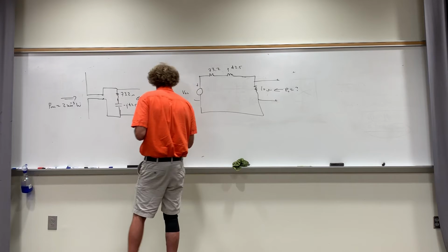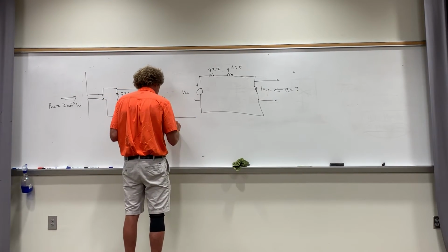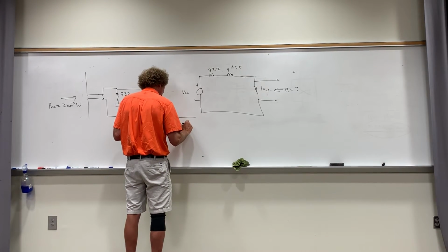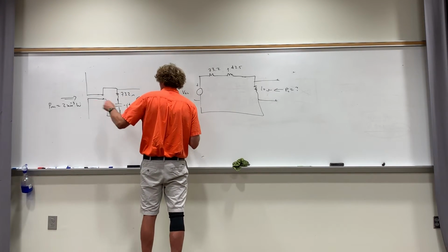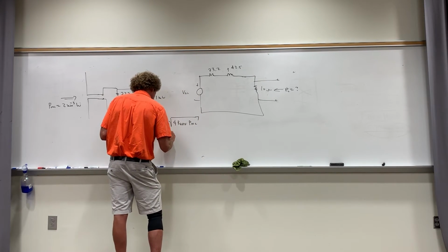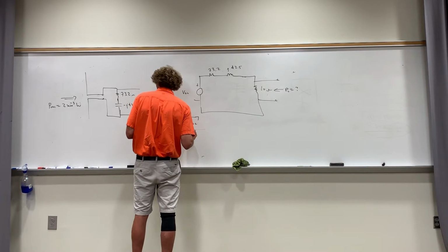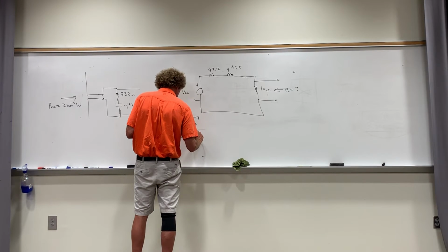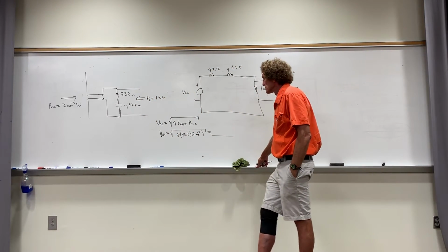So I've got to get V open circuit, which would be the square root of 4 times R rad times P received. That's the square root of 4 times 73.2 ohms times 2 times 10 to the minus 3. Yeah, so that gives you 0.765.